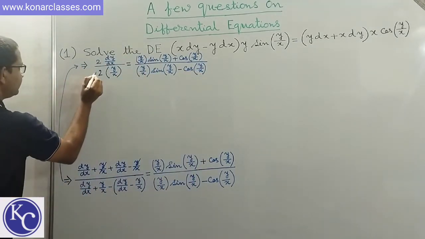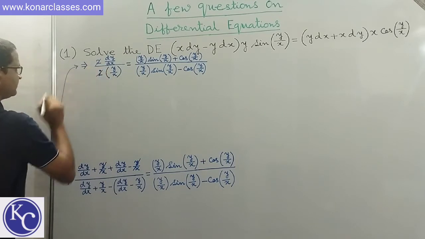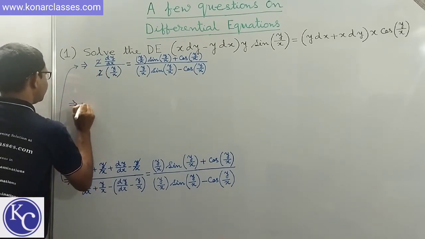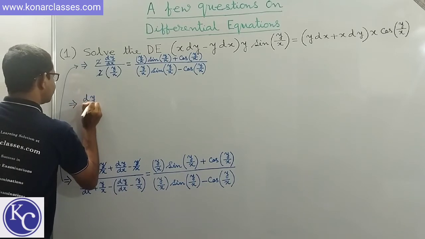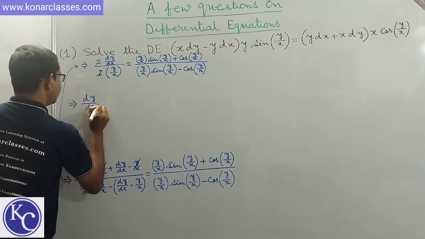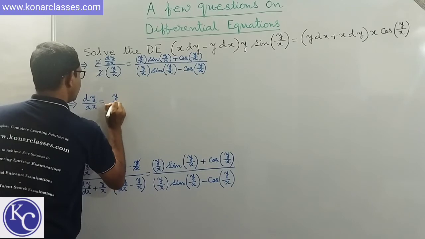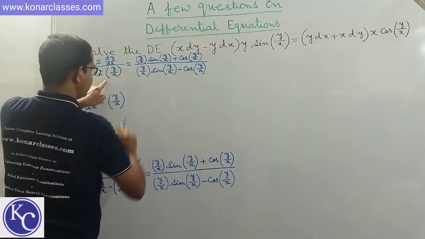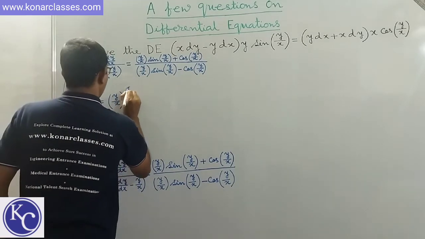So now in the left hand side we see this 2 and 2 got cancelled. So what we get, dear students? So we get dy/dx is equal to y/x. So this y/x I take it to the right hand side, and what we get?